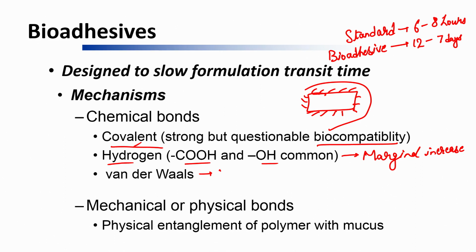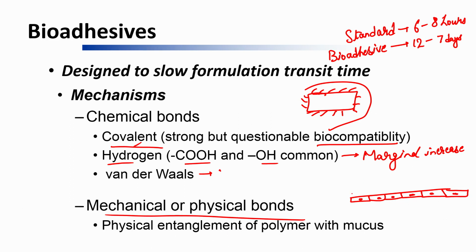The other way you can go about it is to form mechanical or physical bonds. So, this could involve just physical entanglement of your polymer with the mucus. If I zoom into a wall of your intestine, these are intestinal cells, and they all secrete mucus.